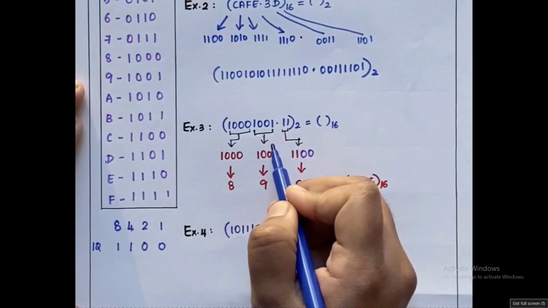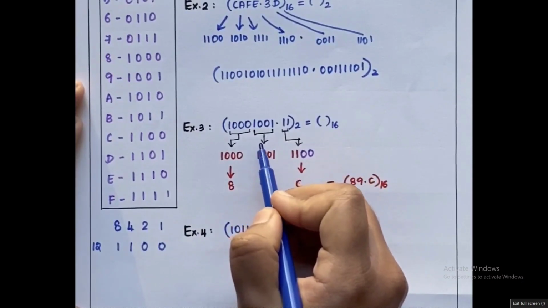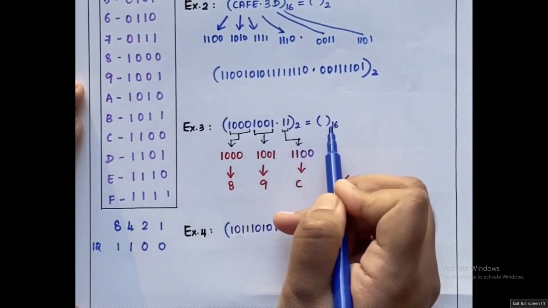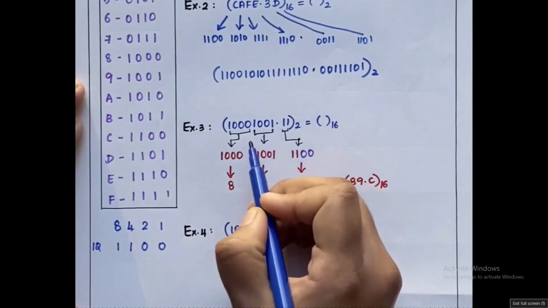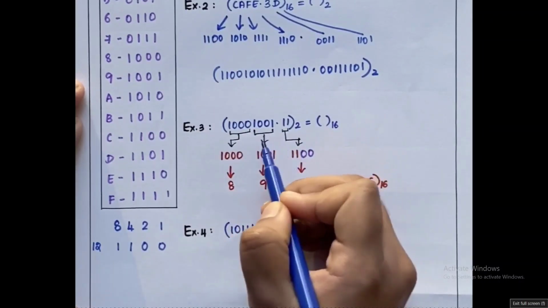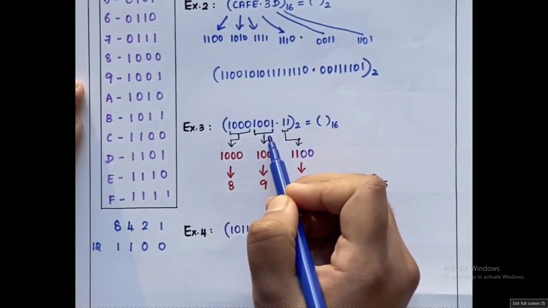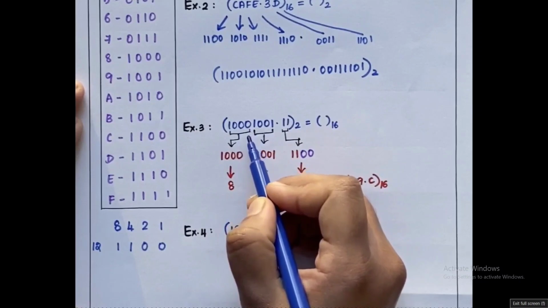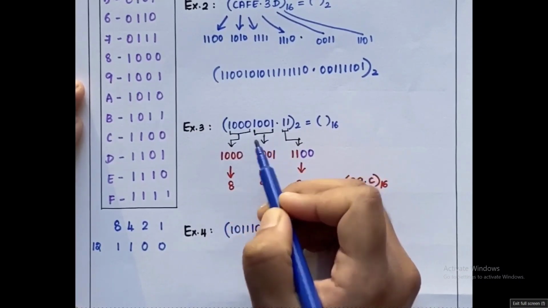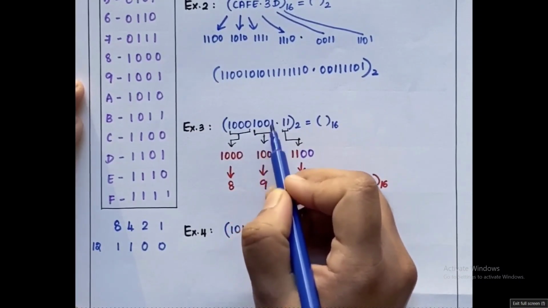Now let us convert a binary value into its equivalent hexadecimal value, for which we follow the same procedure as we saw in the previous video, with a simple change. We have to segregate starting from the decimal point moving towards the left, splitting into 4 bits each.